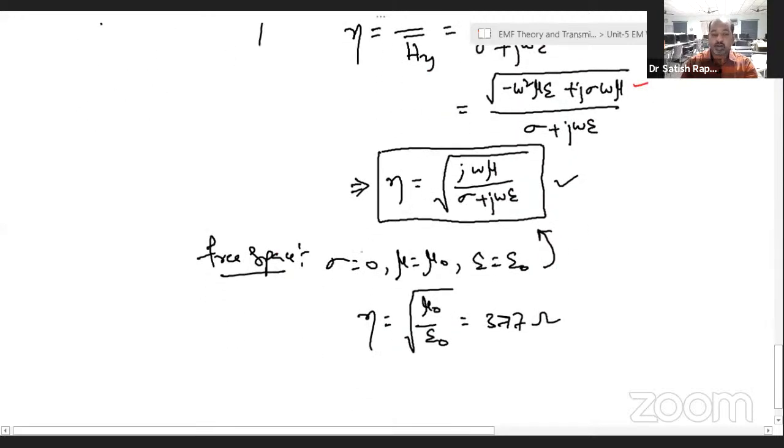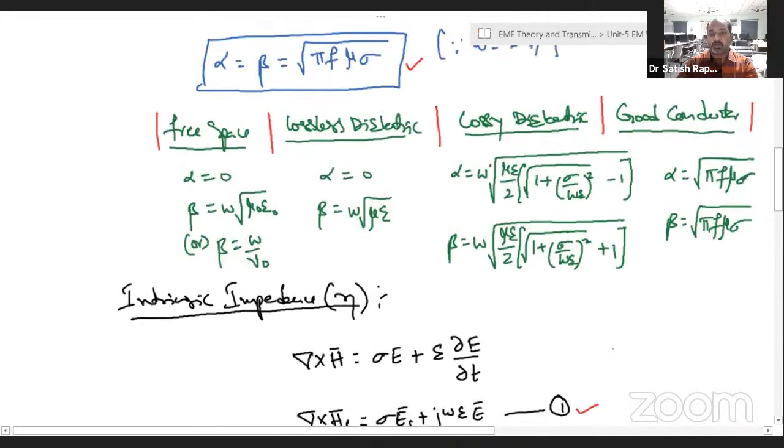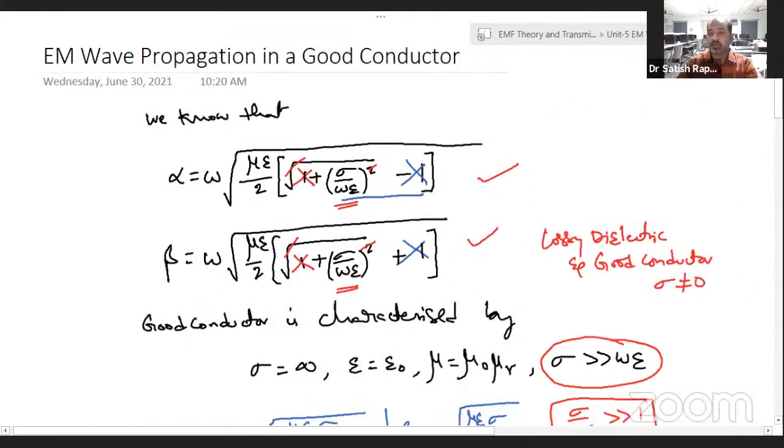If you consider free space, sigma is equal to 0. So if you substitute sigma equal to 0 here, we will get eta is equal to root over mu naught by epsilon naught, which is equal to 377 ohms, right? So this is about the intrinsic impedance of an EM wave, right?